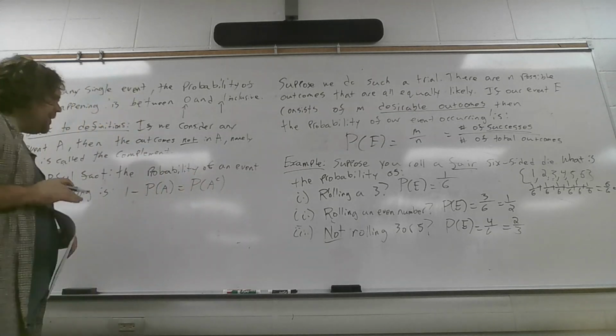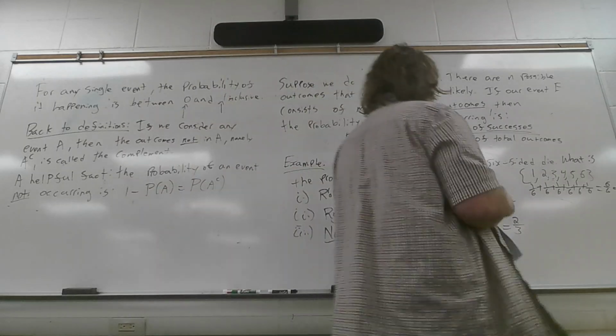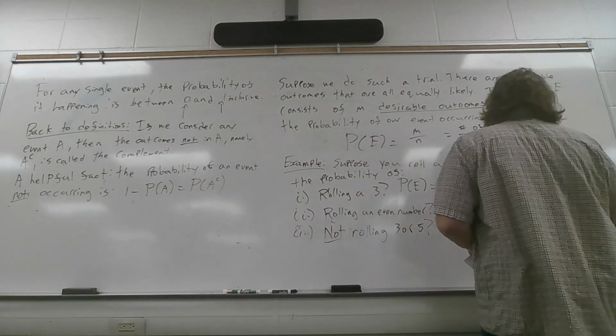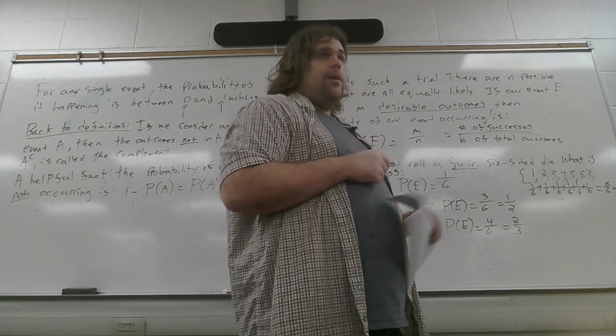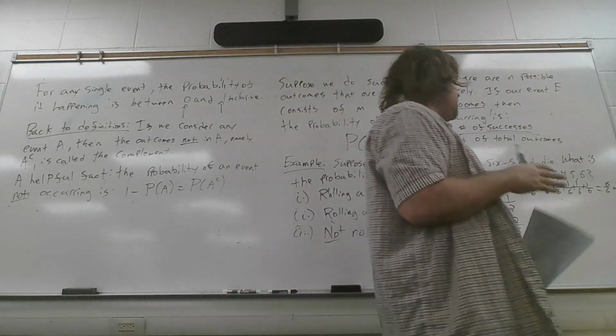So why would that be the case? Well, let's just think. Right here we just said, if we consider every possible outcome, all those probabilities add up to 1, right? Something has to happen in our space.